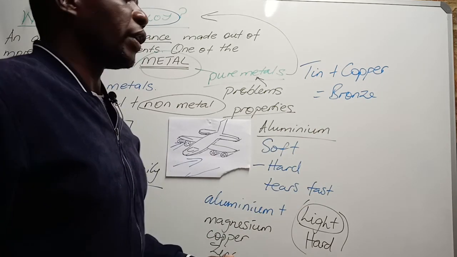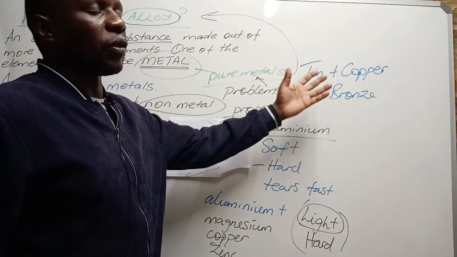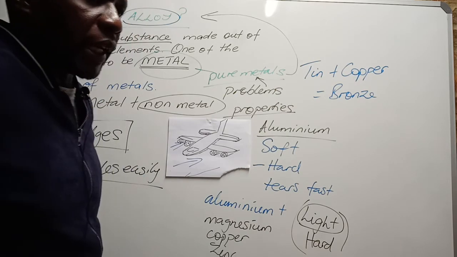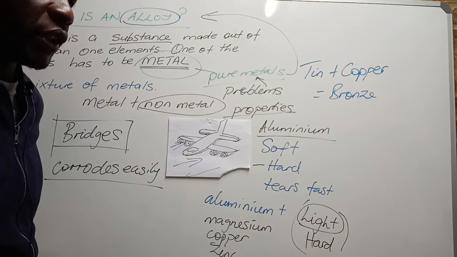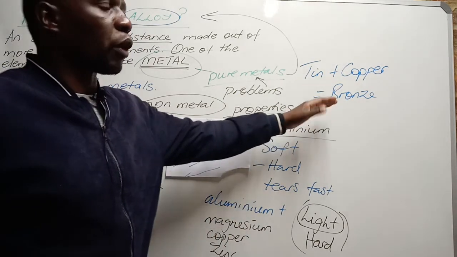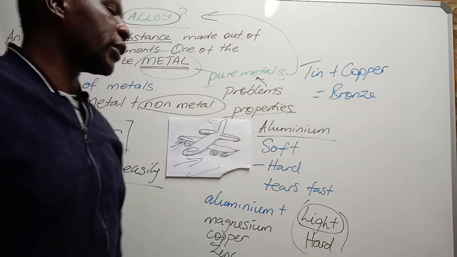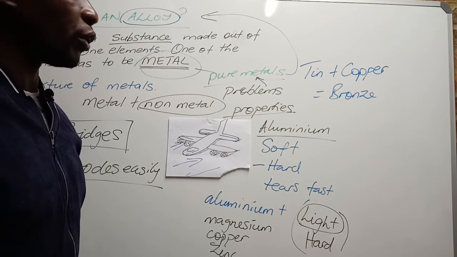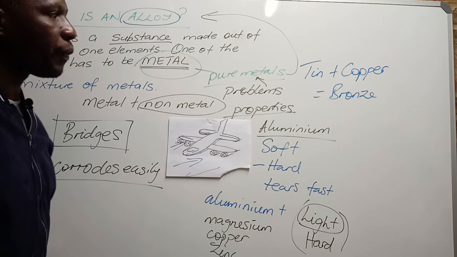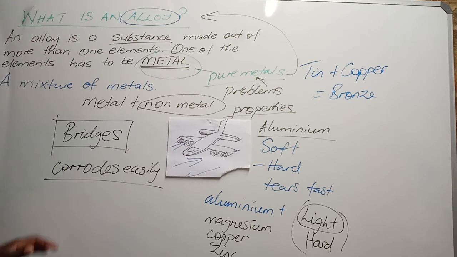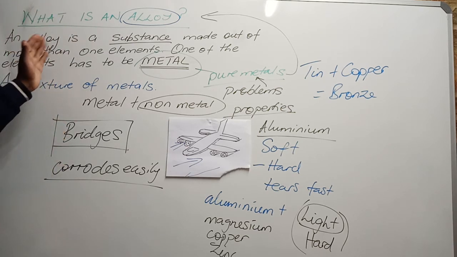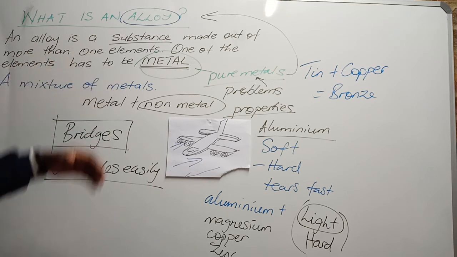Bronze is also used in manufacturing military hardware like weapons, because bronze stays for a very long time without corrosion. So that's it on the topic of exploring our alloys.